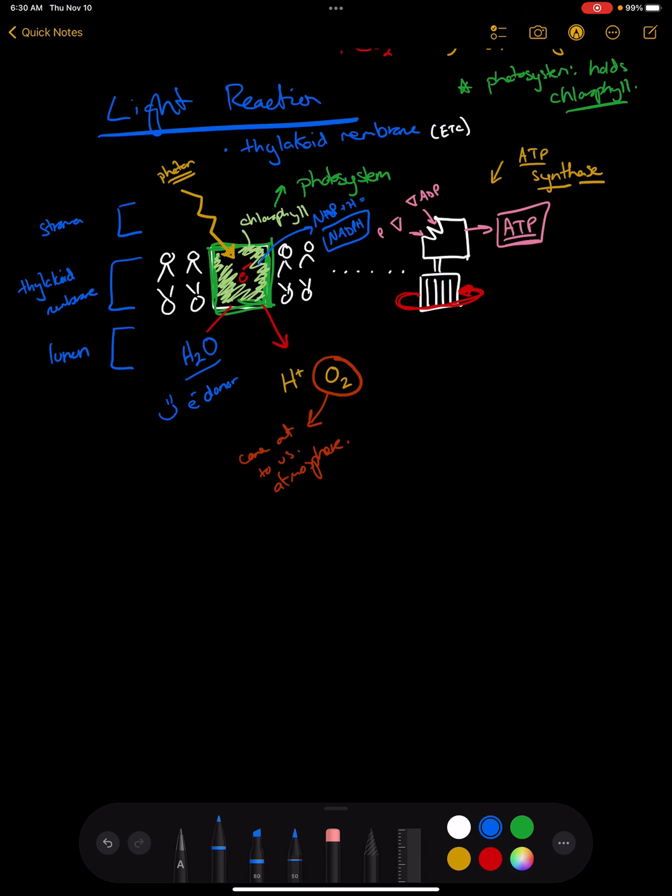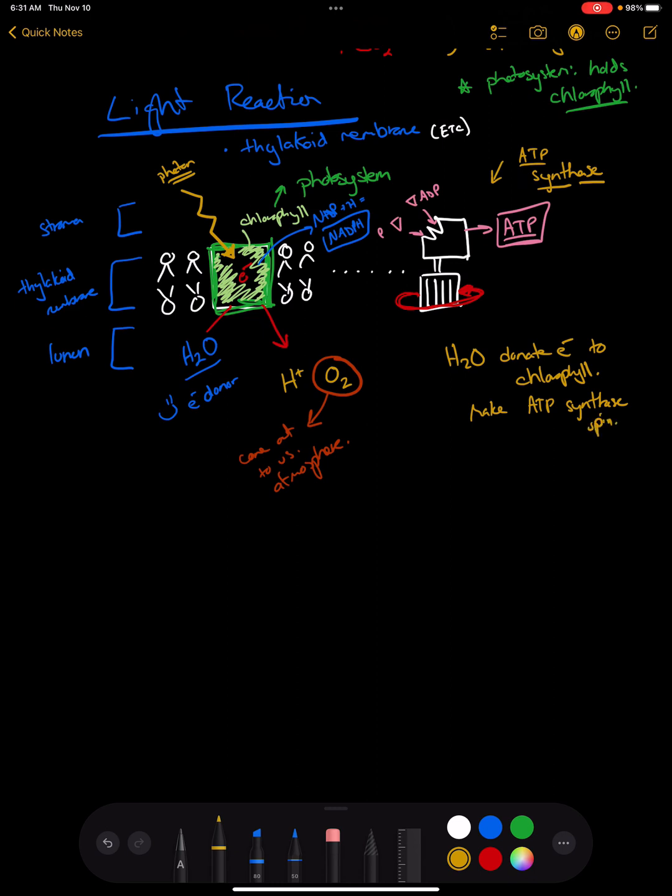Okay? So let's write some words out to the side really fast, all right? So water's sitting here in my thylakoid membrane. Water is going to donate an electron to the chlorophyll, right? And then when water donates the electron to the chlorophyll, that's going to make the ATP synthase spin.